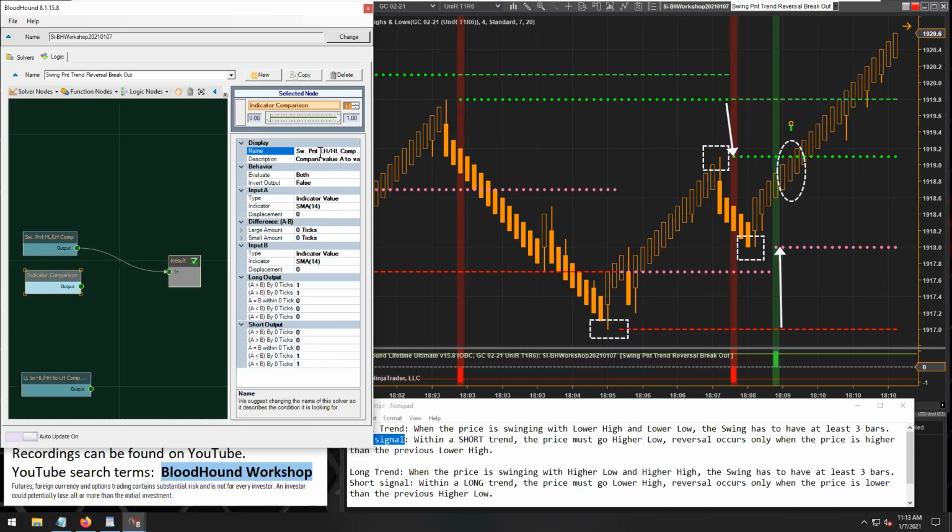All right, so I simply reversed the names here. This time for a long, we're looking for a lower high. So the lower high is going to give us a long output, whereas in the other solver, the higher low is giving us a long output. So the outputs are just going to be opposite of each other.